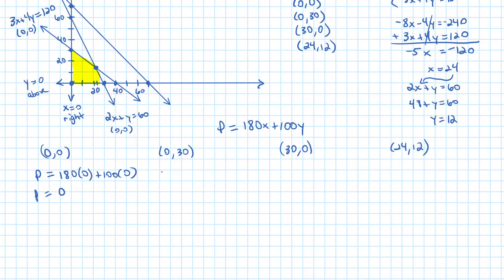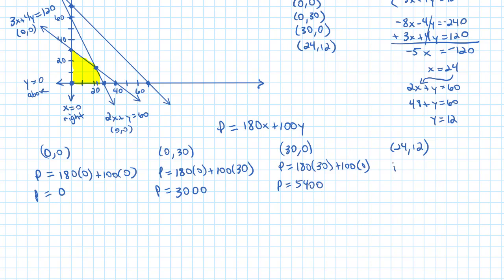That makes perfect sense. If I have 0 acres of soybeans and 30 acres of wheat, then my profit will be $3,000. If I have 30 acres of soybean and 0 acres of wheat, then my profit will be $5,400.